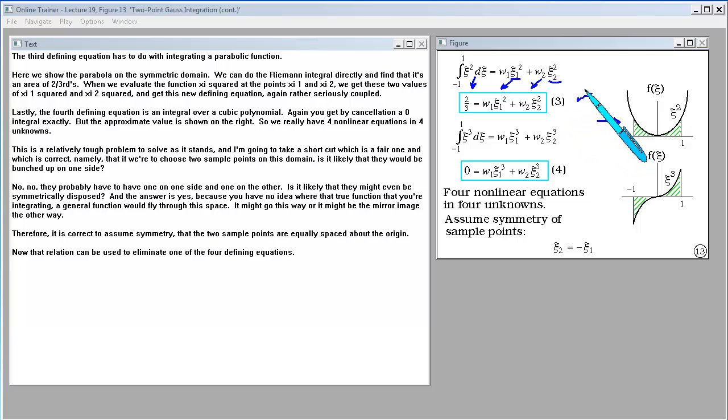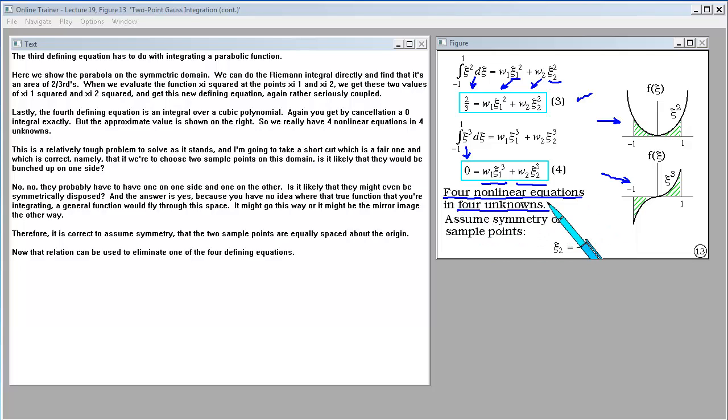Again, rather seriously coupled. Lastly, the fourth defining equation is an integral over a cubic polynomial. Again, you get by cancellation a 0 integral exactly, but the approximate value is shown on the right. So we really have 4 nonlinear equations in 4 unknowns.